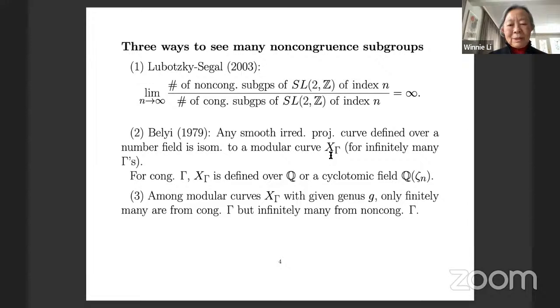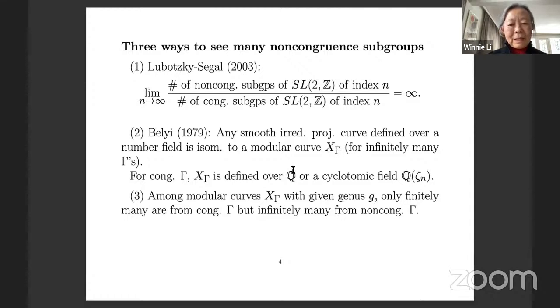And we talk about the congruence subgroups. So it's known that the modular curve for a congruence subgroup is defined either over Q or over cyclotomic fields. Okay. So in comparison, you can see that there are tons of non-congruence subgroups.